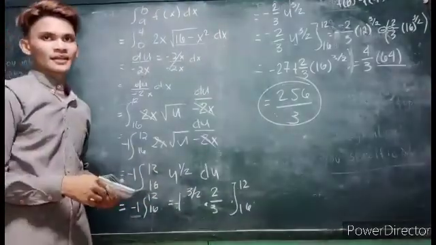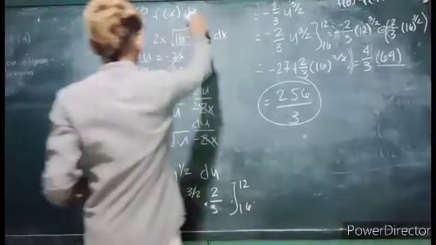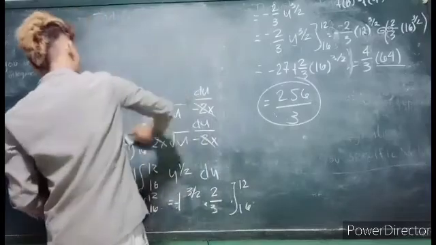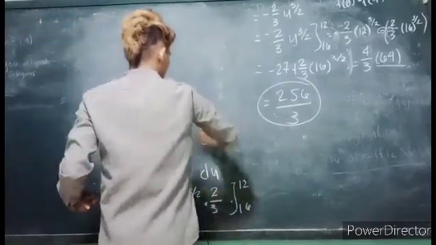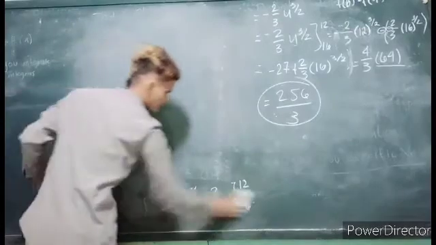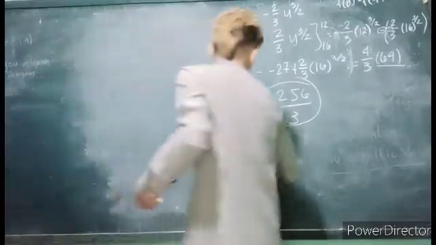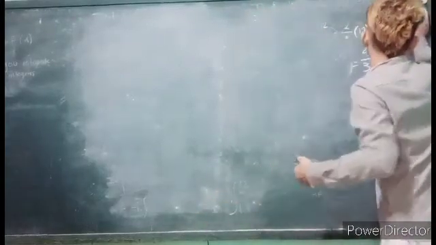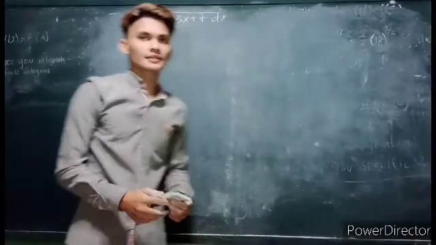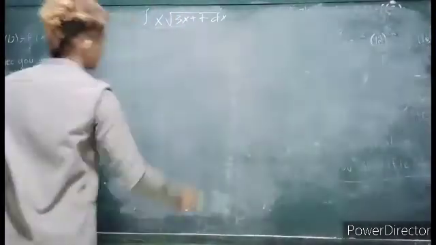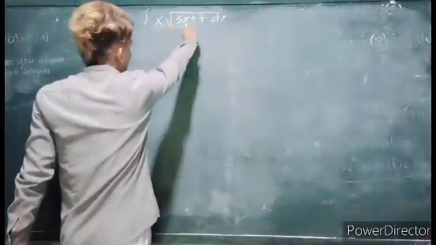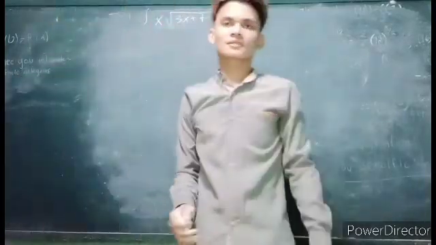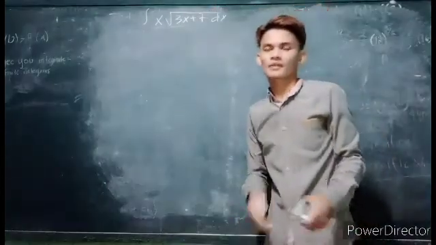So let's do the last example to give you more idea about definite integrals using substitution. So next, our next example here, the integral of x times the square root of 3x plus 7 dx. So it's also the same as what we did earlier.